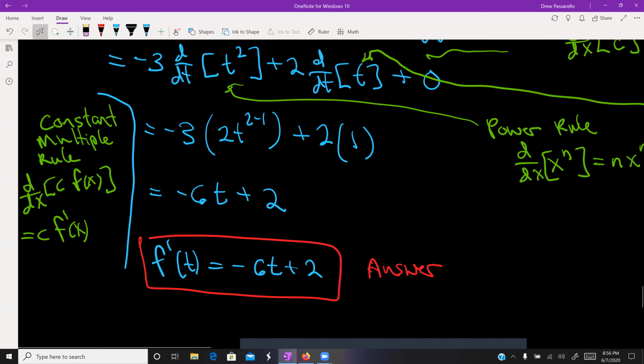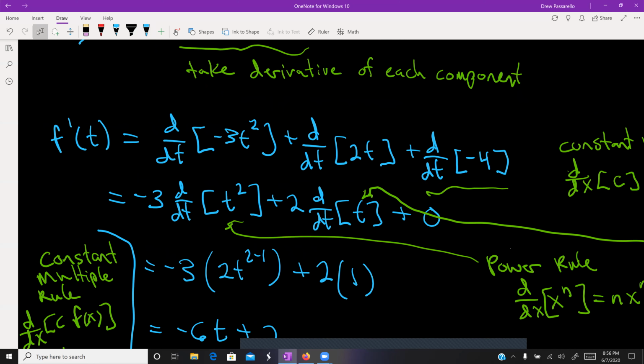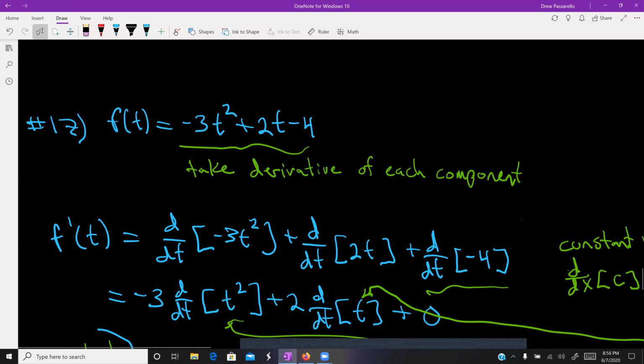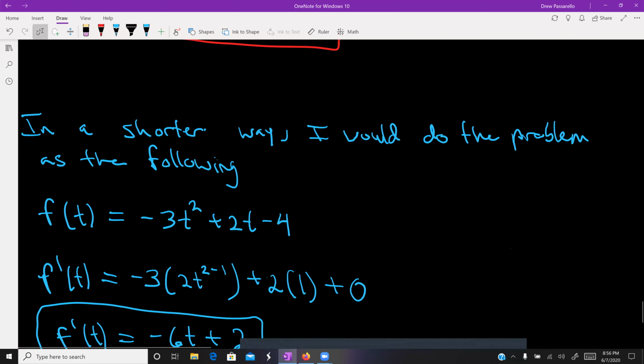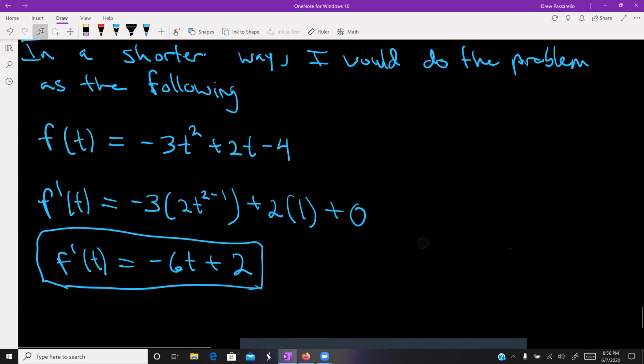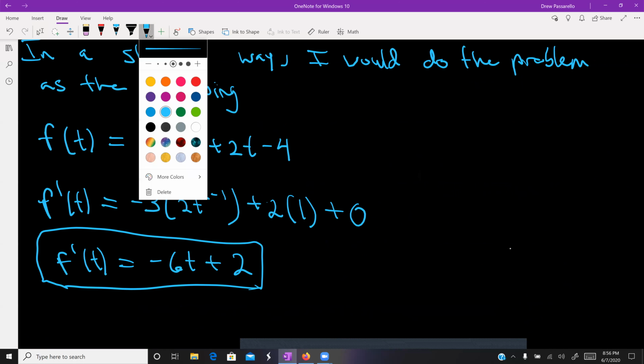All right, this is how I normally would do it after this section, but you see how I didn't write in detail step by step like this with all the different d/dt's. I was just doing that to emphasize that you're taking the derivative of each component and based on each case. First case was -3t squared. I factored out -3 and worried about taking the derivative of t squared. So taking that derivative, that was using the power rule.